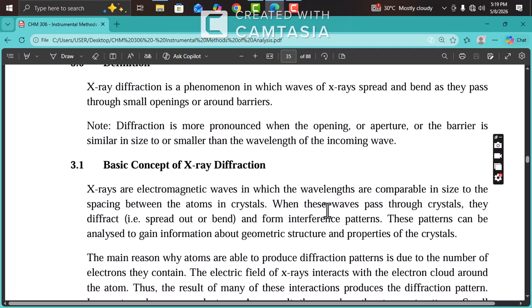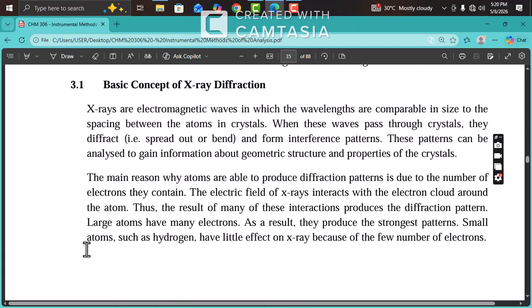When the waves pass through crystals, they diffract. So that means they form interference patterns. So these patterns can be analyzed to gain information about the geometric structure and properties of the crystals. So take note of this.